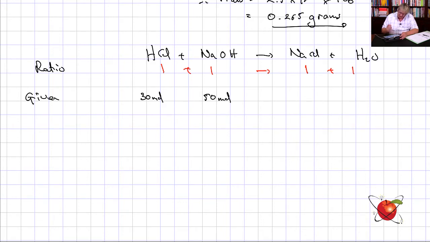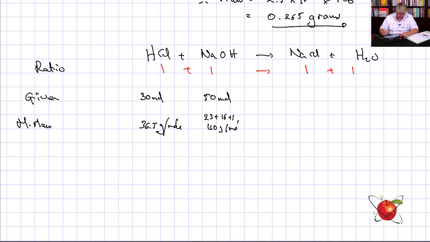Let us look at molar mass. Molar mass is going to be 35.5 plus 1, which is 36.5 grams per mole for HCl. And our sodium hydroxide is 23 plus 16 plus 1, which gives us 40 grams per mole. So we've got our molecular mass.